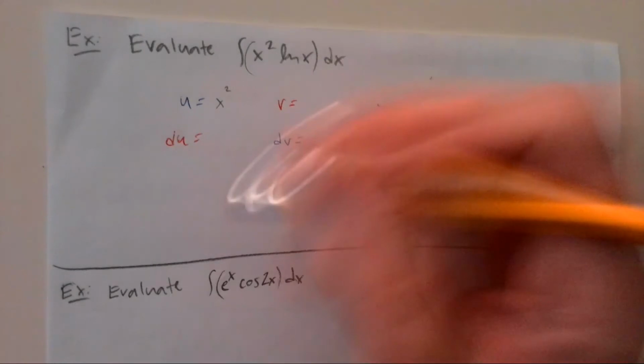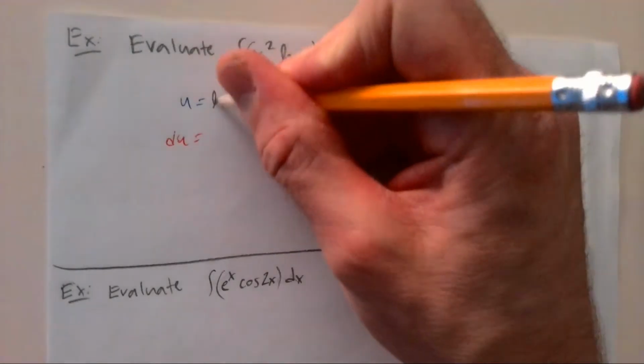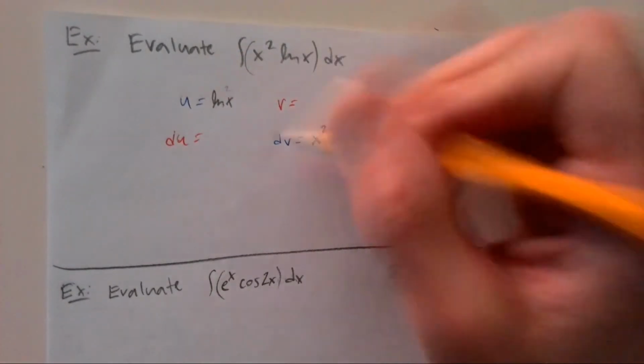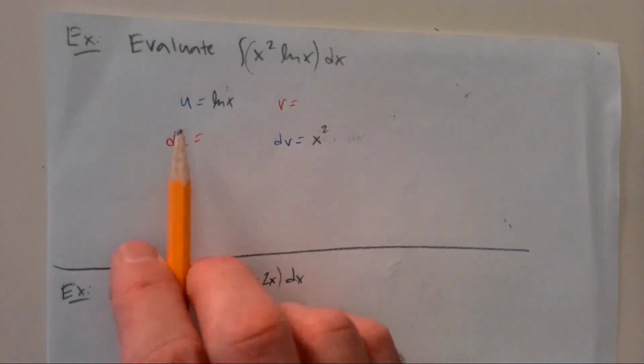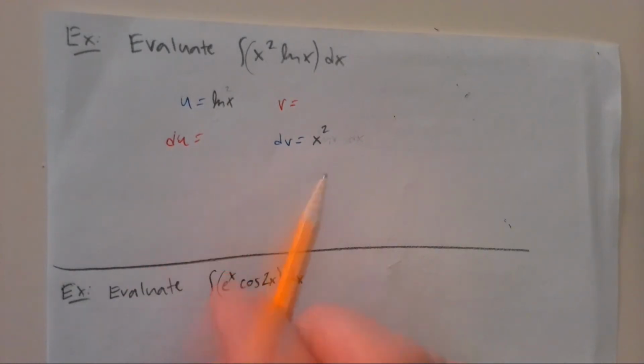Maybe let u equal natural log of x and dv be x squared. Now, you might be thinking, wait a second, every example you've worked so far, you always let u equal some power of x, and then it got simpler. Yeah, that's true, but that's not how you always have to do it. Every problem is a little bit different.